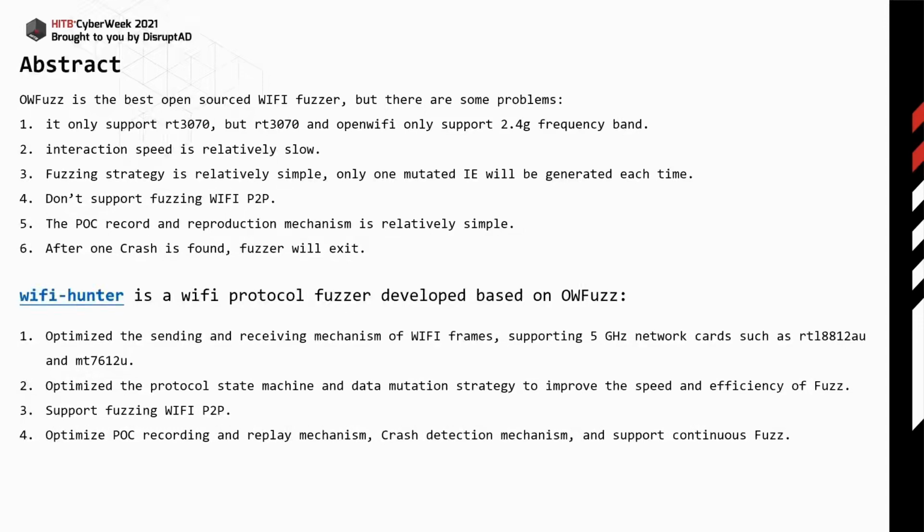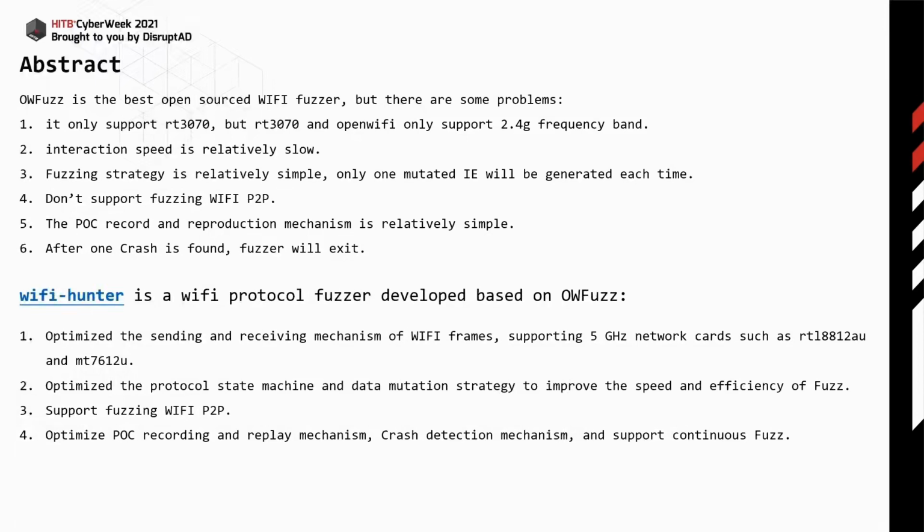And there is a more important reason: RT3070 and Open Wi-Fi only support the 2.4G frequency band. Second, due to the packet loss and some bugs in the implementation of protocol interaction in OW fuzzer, the interaction speed is relatively slow. Third, the data mutation strategy is relatively simple. Only one mutated IE will be generated for each packet.